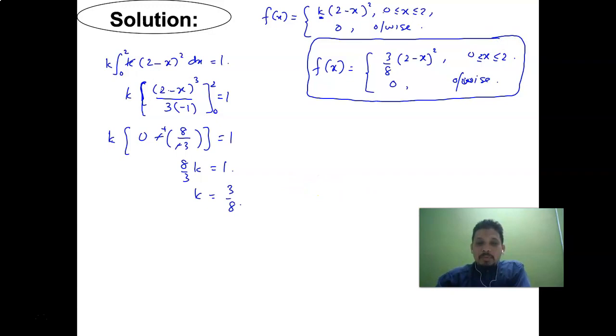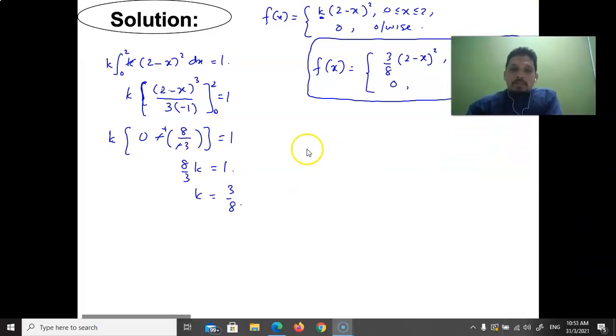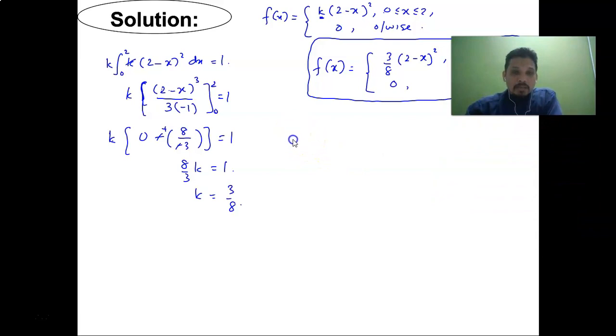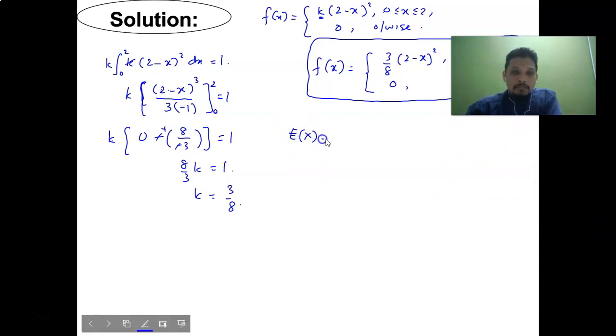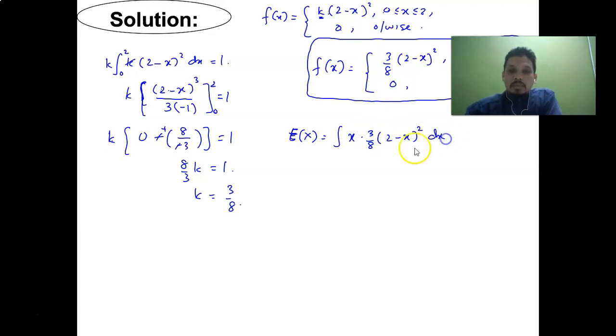First, let's find the expected value of x. Because there's only one domain from 0 until 2 that has a function, the rest is 0, we may concentrate on this part: the integral of x multiplied with 3 over 8 (2 minus x) squared dx from 0 until 2.